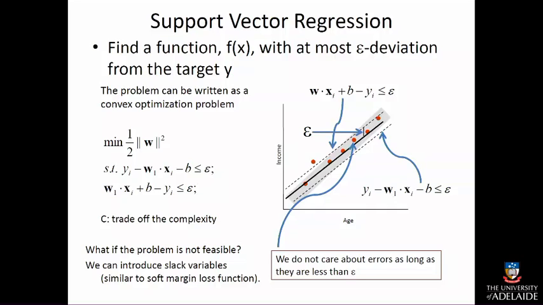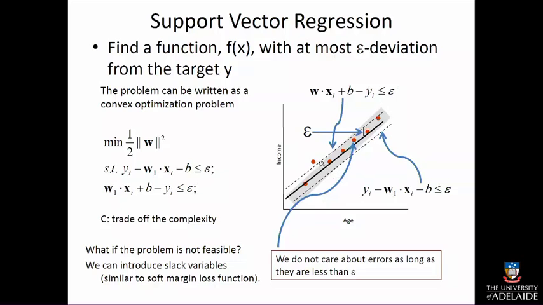Let's look at the hard margin case for regression. Let's check this plot. The only difference between support vector regression and linear regression is that now we define a margin. The margin is epsilon here.